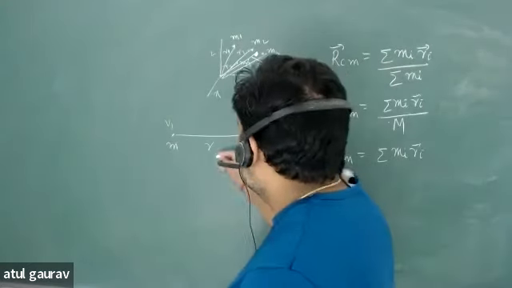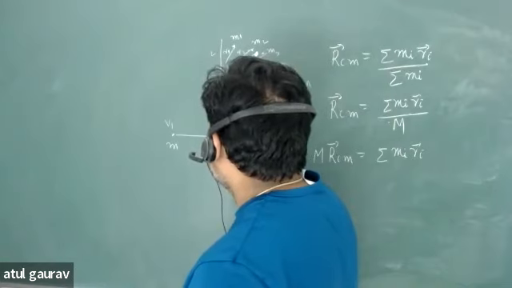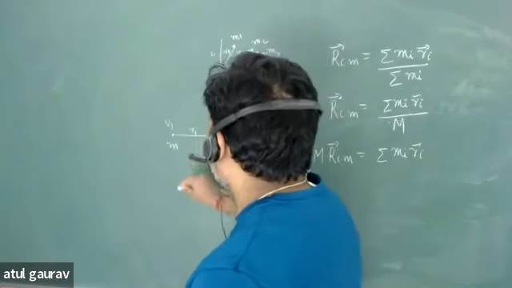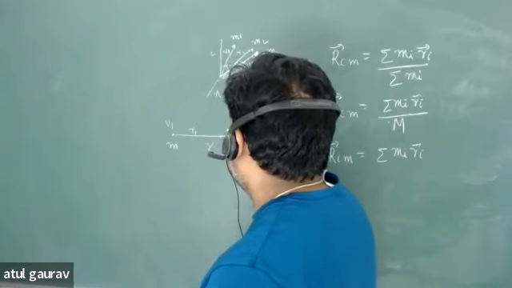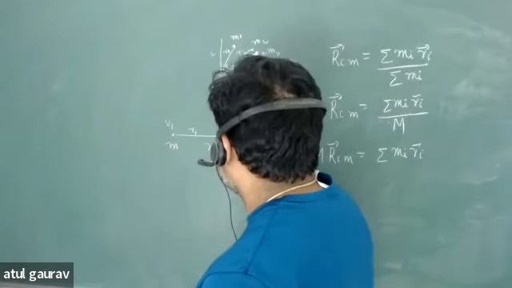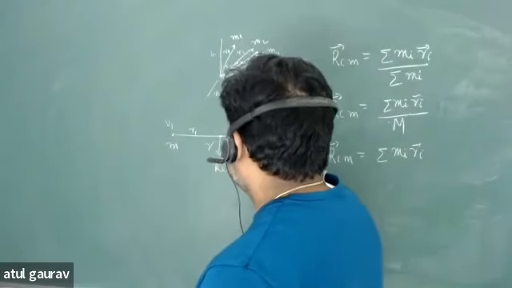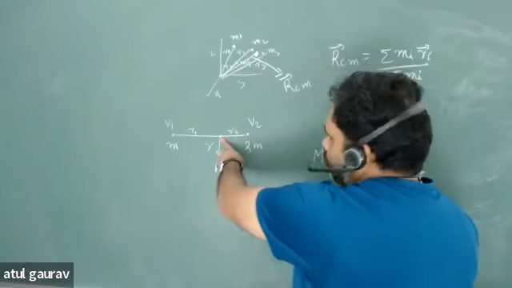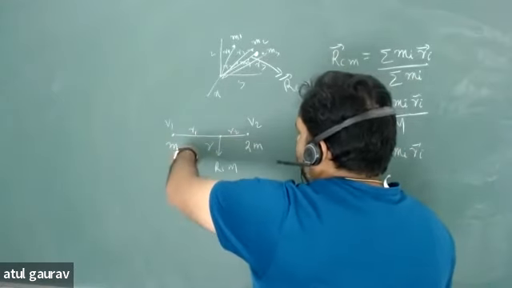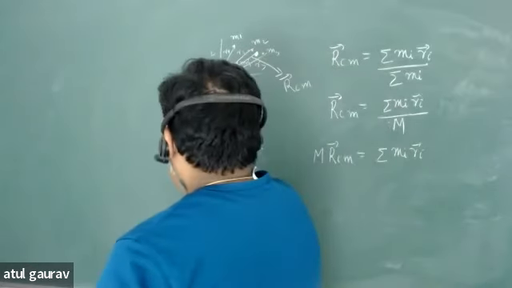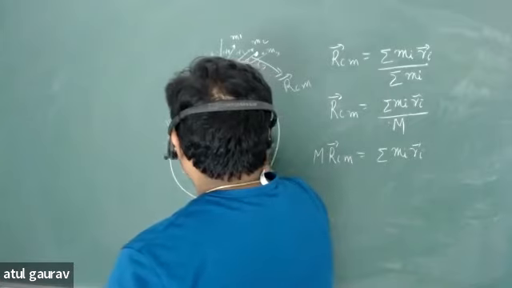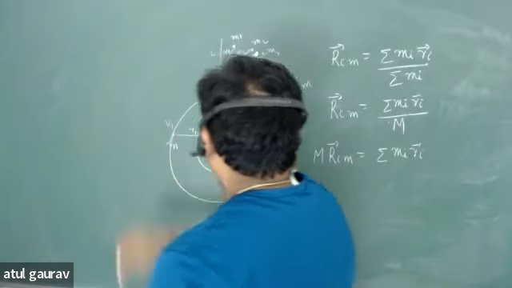I can assume this may be my center of mass, where this distance is r1 and this distance is r2. This mass is rotating in a circle like this, and this is also rotating in a circle like this, isn't it?